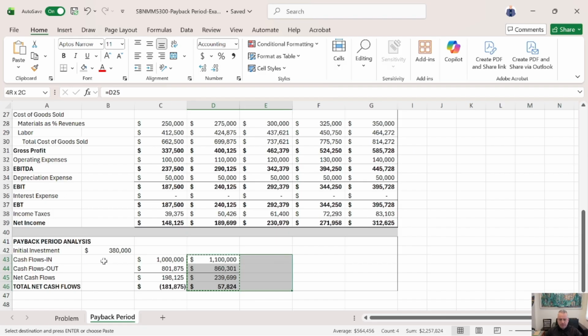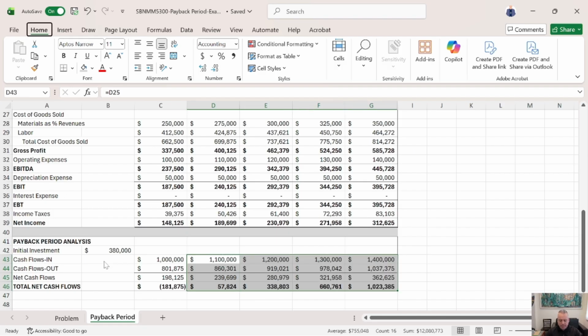Let's copy and paste those over and just take a look at how my cash begins to aggregate over time.